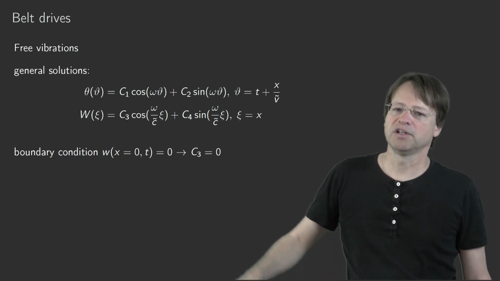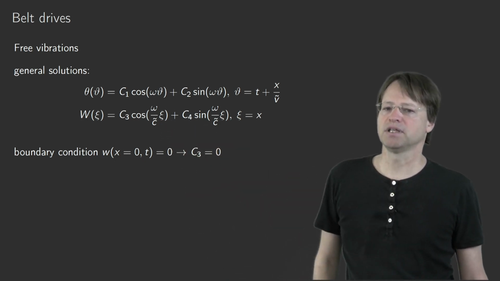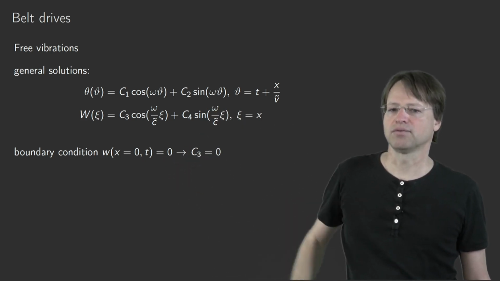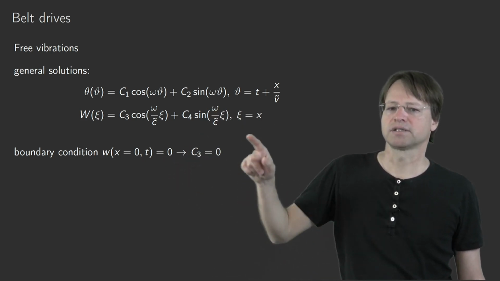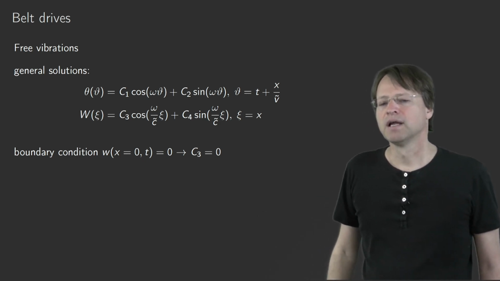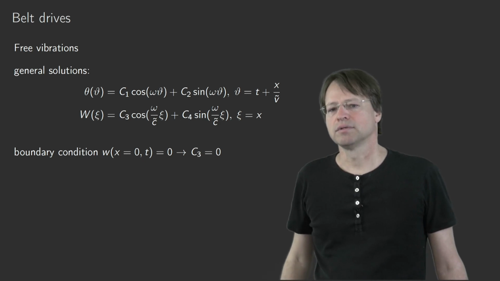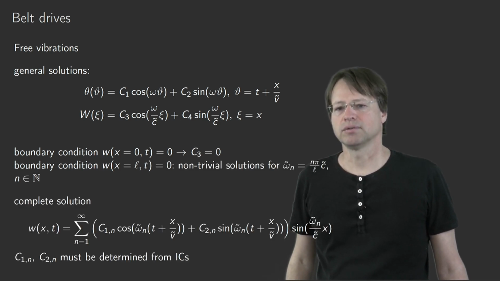We immediately get that CF3 must be equal to 0. So the second term will vanish for x, and therefore psi equal to 0, as psi is equal to x, leading then to C3 equal to 0.